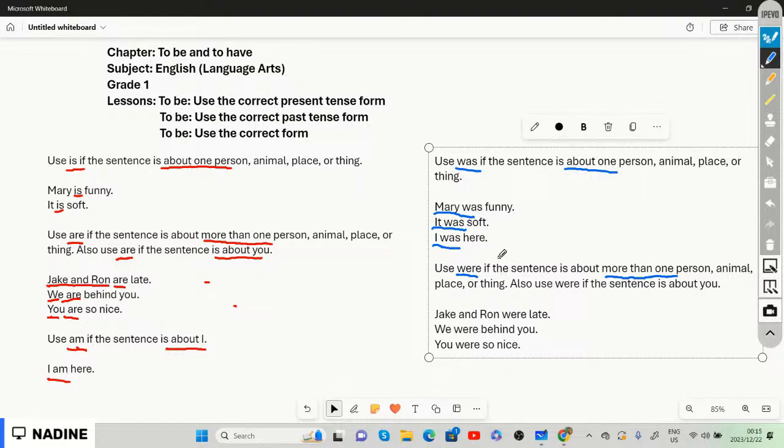So we use were if the sentence is about more than one person, animal, place, or thing. And we also use were if the sentence is about you.